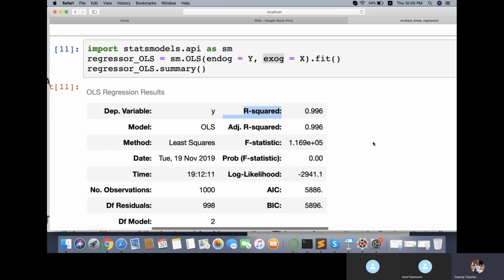Now here, if your p value is less than your significance value, which by default you will take as 0.05, that means all the features, all the independent variables, are giving a good contribution towards the dependent variable.